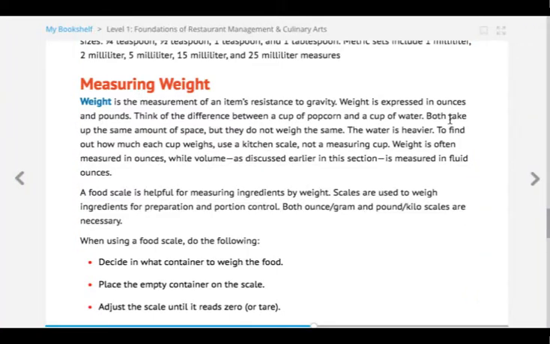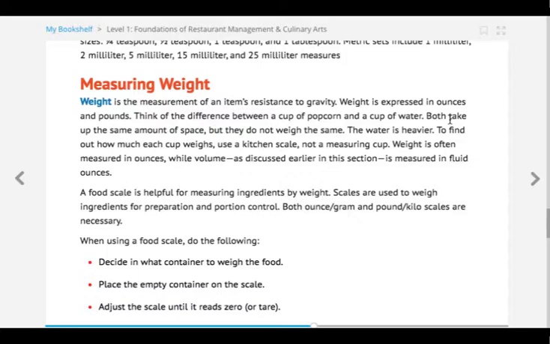Now that you learned how to measure dry ingredients and liquid ingredients, we're going to learn a little bit about measuring with weight. Weight is the item's resistance to gravity. It's expressed in ounces and pounds, or it can be expressed in grams or kilograms and things like that. Think of a cup of popcorn and a cup of water, or a cup of flour and a cup of marshmallows.